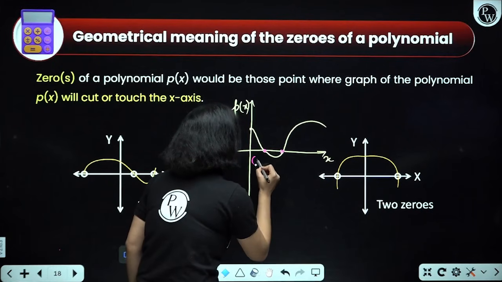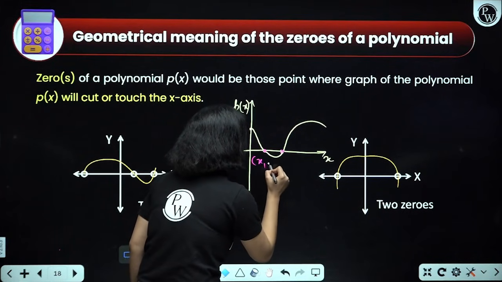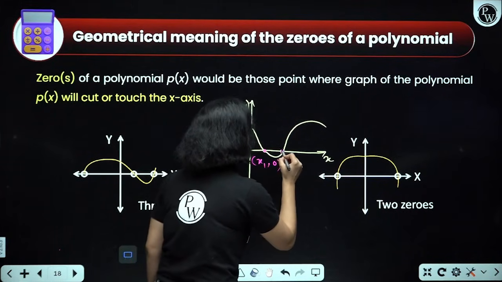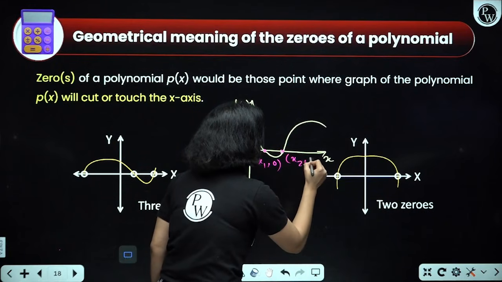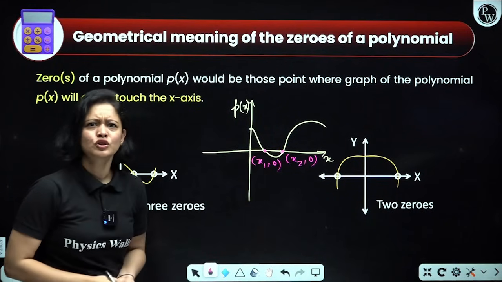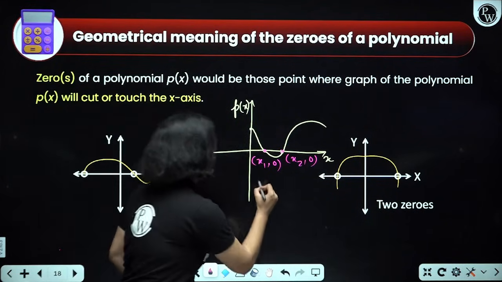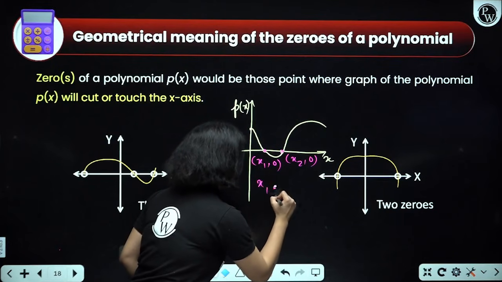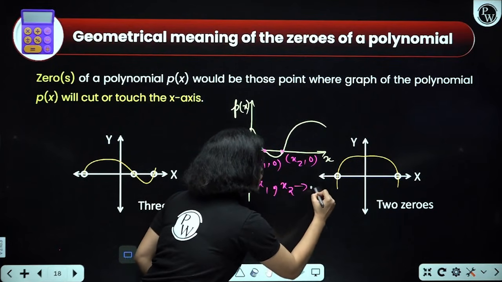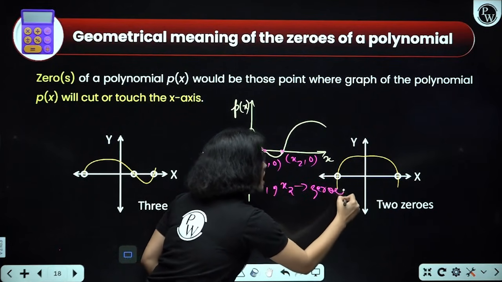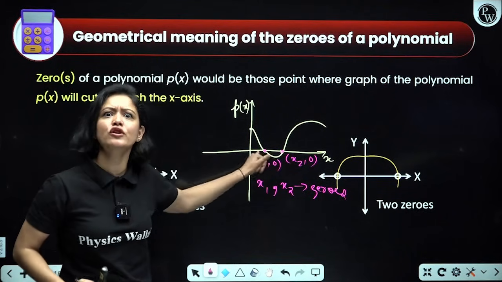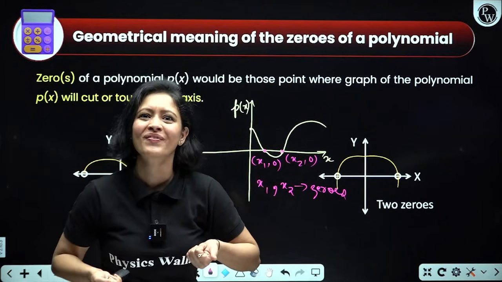So let's just suppose we have the coordinates (x1, 0) and (x2, 0). That means x1 and x2 are the zeros of the polynomial. Yes or no? Because here the values of p(x) are becoming 0.